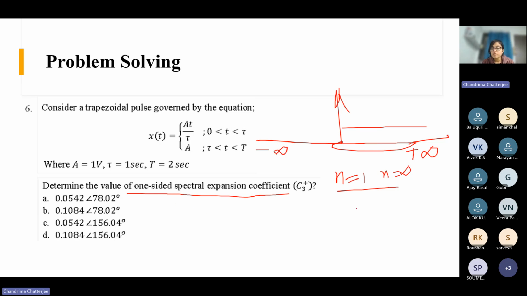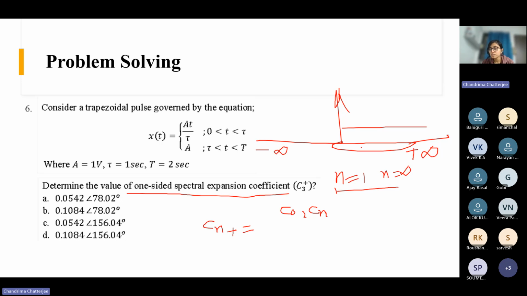We have already seen how we can find Cn. C naught we have found, Cn also we have found, and based on n we can find the exact magnitude and phase angle. What is Cn plus? Cn plus is the positive side coefficient when you consider n equal to 1 to infinity, not n equal to minus infinity to plus infinity.